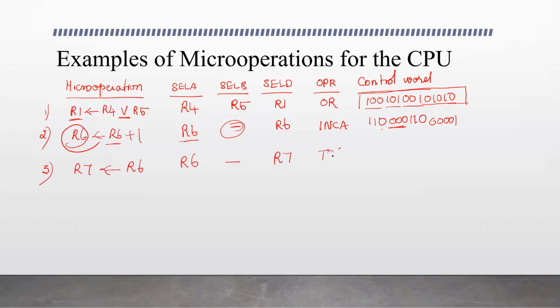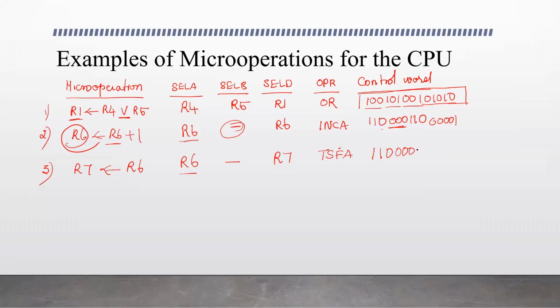The operation is transfer, TSFA, correct? SELA, the input selection, is R6, 1, 1, 0, and there is no second input, 0, 0, 0.